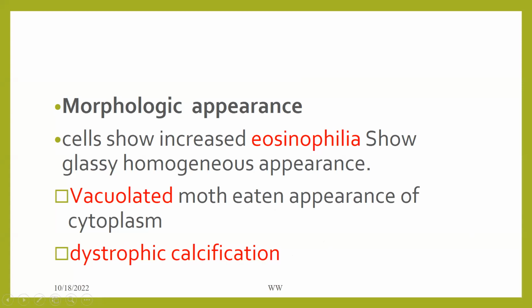So if somebody has TB of the node, and the node has necrotic material because of the bacteria, then it becomes calcified and might look like a stone. Dystrophic is to differentiate it from what happens when it occurs on normal tissue. So dystrophic means it is occurring on dead material.